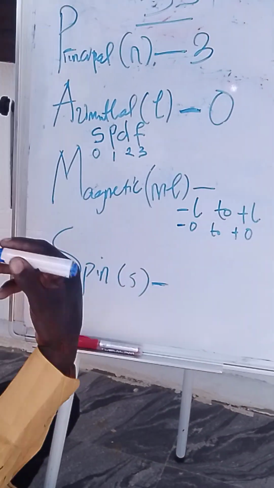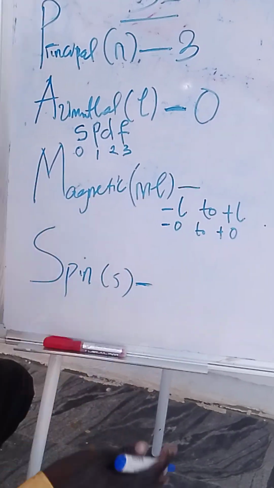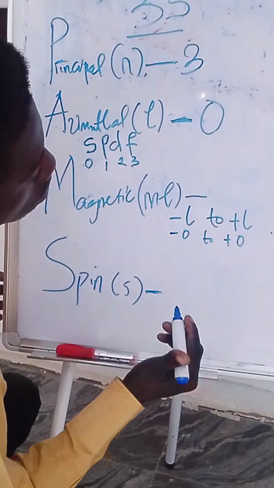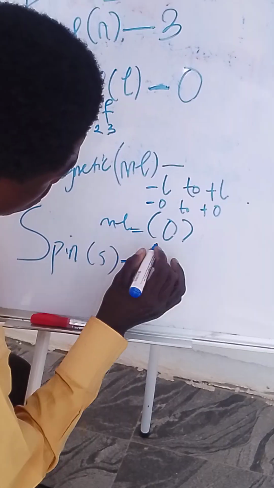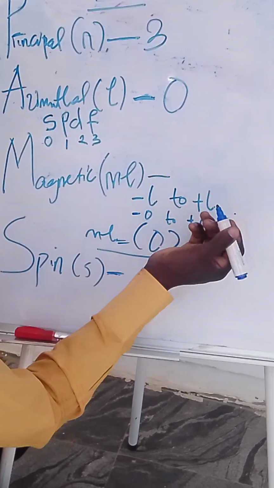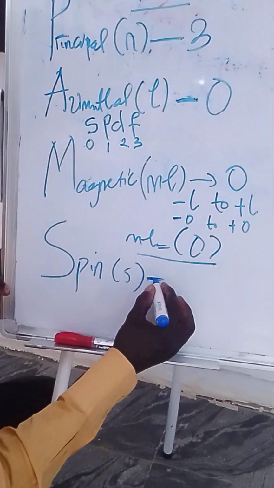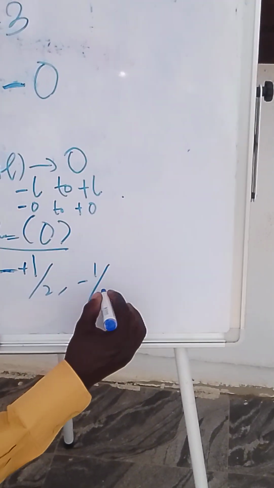It's not possible. 0 is 0. You cannot say there's negative 0. There is nothing. So my value of azimuthal is 0. Then my spin is just plus half and minus half.